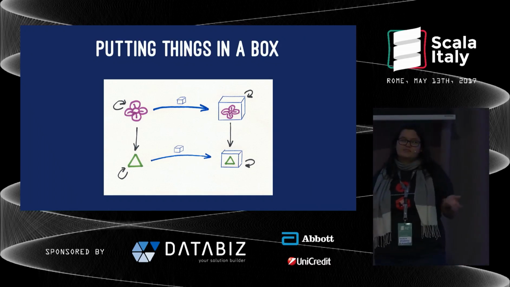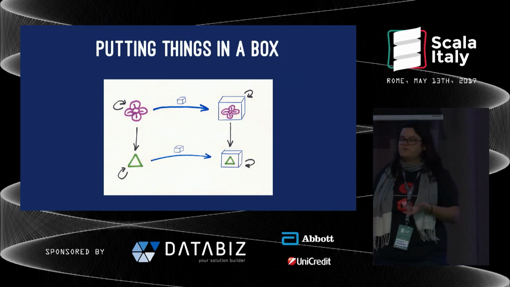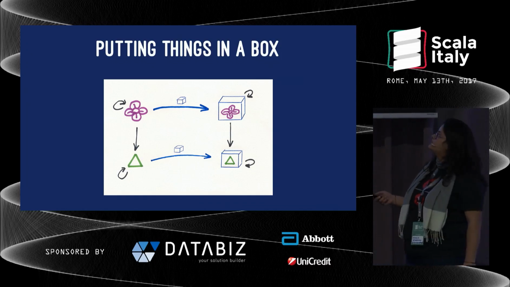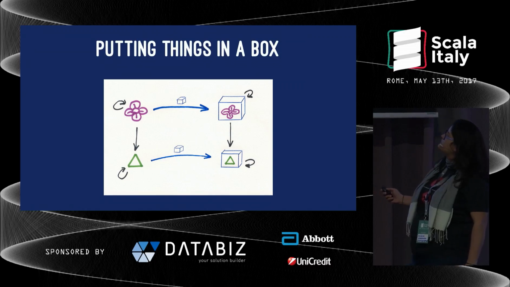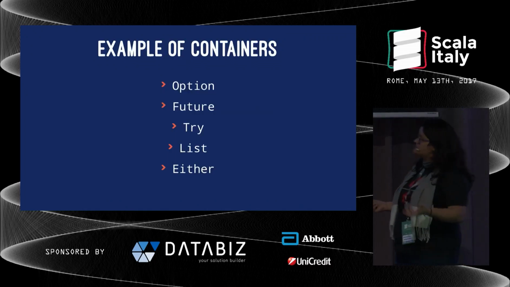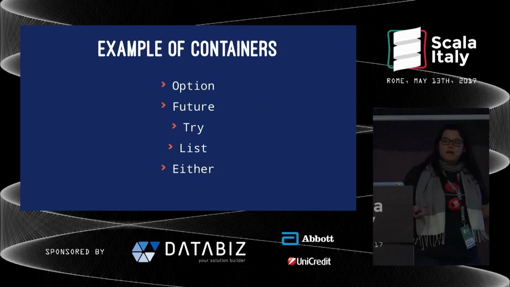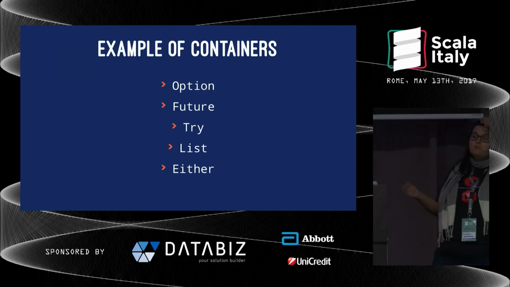Well, yeah, we know what it is, right? For example, instead of saying box, let's say option, right? So basically, this is just the map function. So examples of containers that we have in Scala, right? We have options, right?